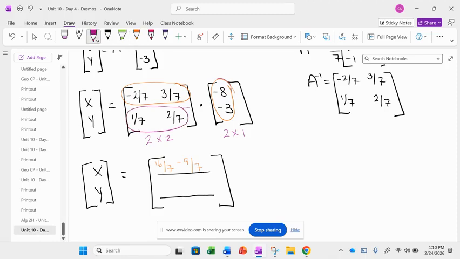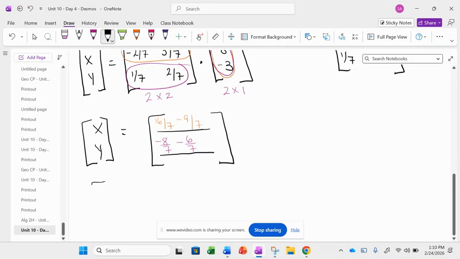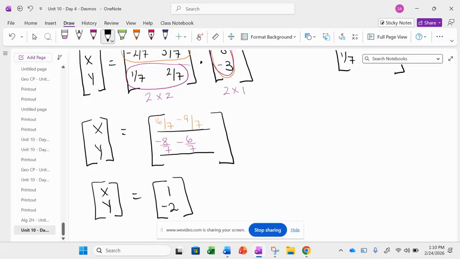Now I do the second row by the first column. 1/7 times a negative 8 is a negative 8/7. 2/7 times a negative 3 is a negative 6/7. So now if I simplify this, I get 1 and negative 2.